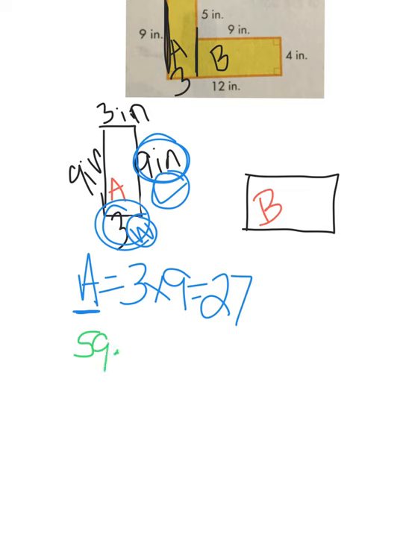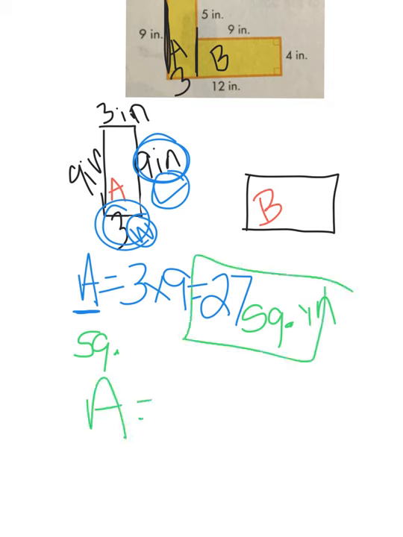It happens to be inches, so this is 27 square inches. Okay? Now, it's a little sloppy. I have it all over the place because this pen is not very good. But you see that my first shape A equals 27 square inches. So that's my first one.